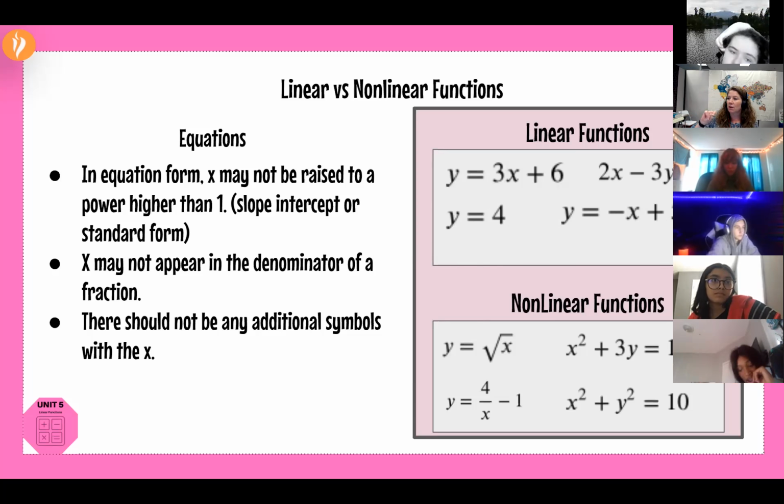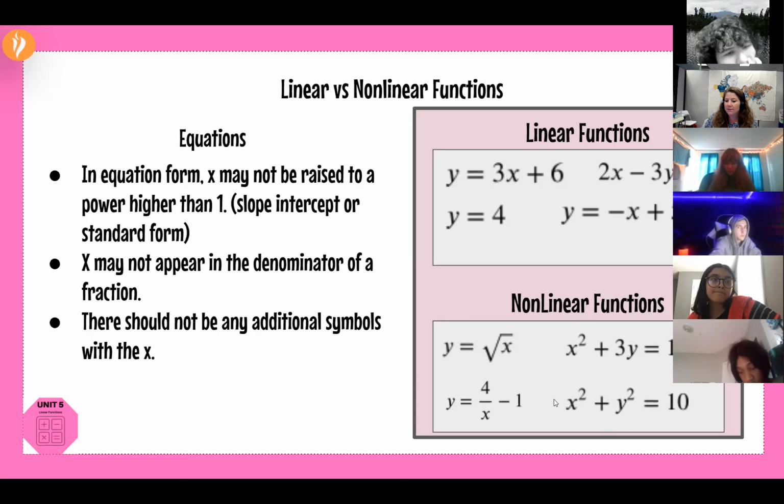If you have an equation where all the exponents are 1 for all the variables in the equation, then it's linear. However, if any of these things happen right here, it's nonlinear. So y is to the power of 1, but if you put x under a radical, y equals the square root of x, it's nonlinear automatically. Here, one of our variables has an exponent greater than 1, so this would be nonlinear.